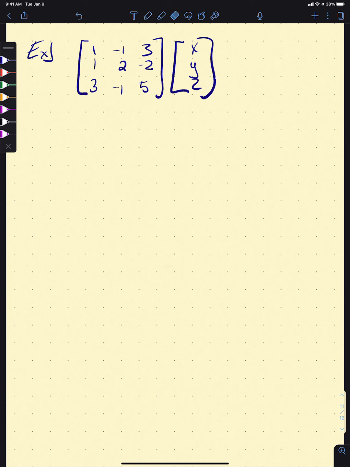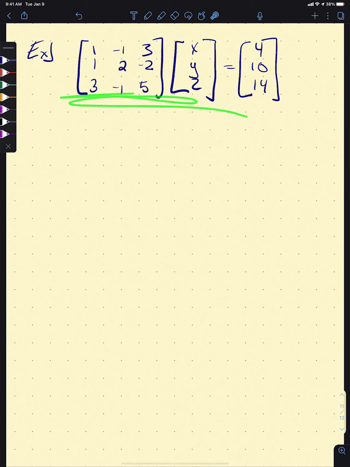Sometimes you'll hear these called vectors when it's just a column like this, okay? And let's say that that equals this matrix, 4, 10, 14, okay? What happens when I do this multiplication, okay?